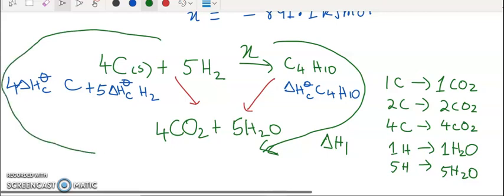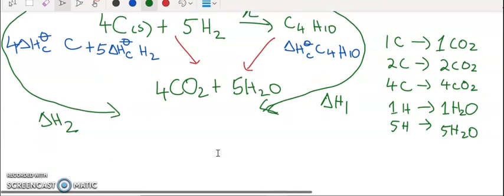So I'm going to call that delta H2. And from Hess's law, we know delta H1 is equal to delta H2.